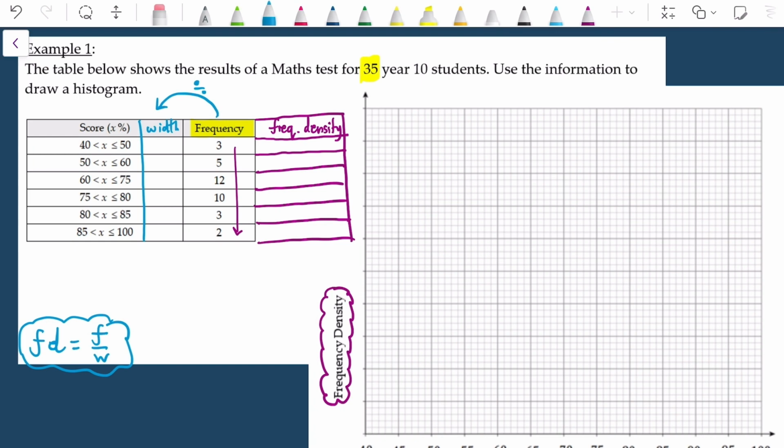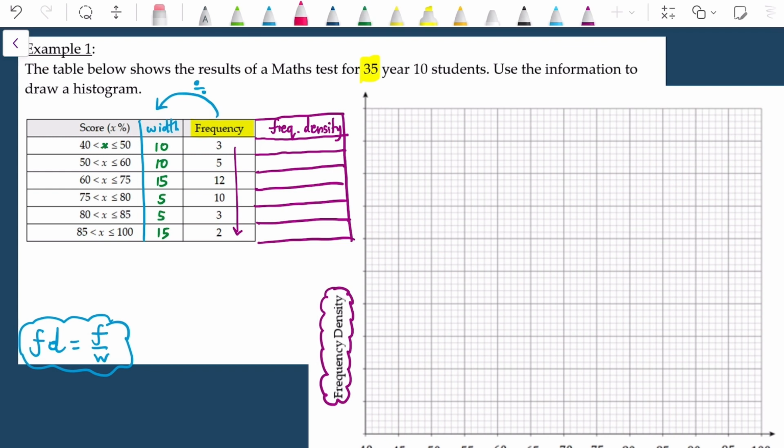Now that we've got that sorted, let's calculate the widths. 40 to 50 is a width of 10. 50 to 60, width of 10. 60 to 75, a width of 15. 75 to 80 is 5. 80 to 85 is 5. 85 to 100 is 15. Okay, now I'm good to go.